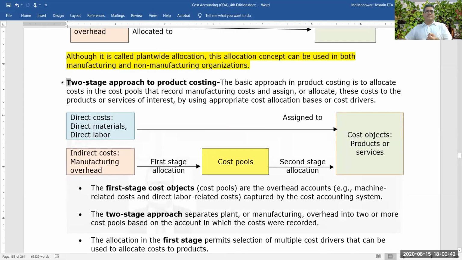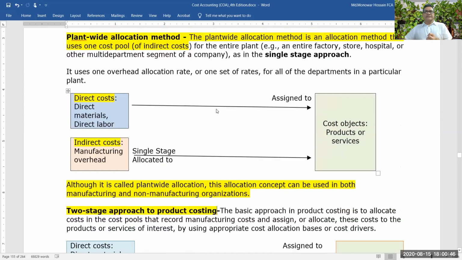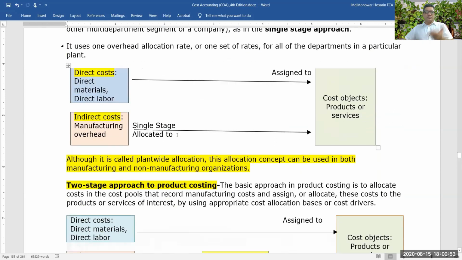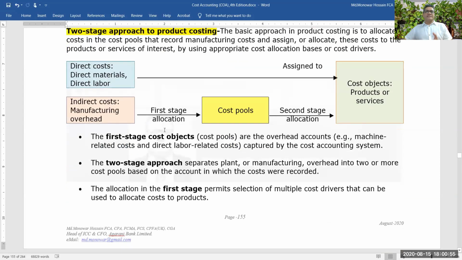Now the two-stage approach of product costing. This was the single stage, the plant-wide allocation method, and in the two stages, direct cost is all assigned to the cost object, and indirect cost, manufacturing overhead, is handled in two stages: first, allocation to cost pools, and second, allocation to the product object. So this is the two-stage approach for overhead allocation.